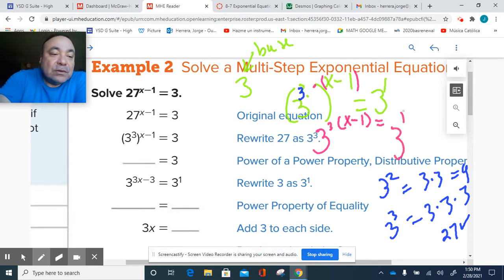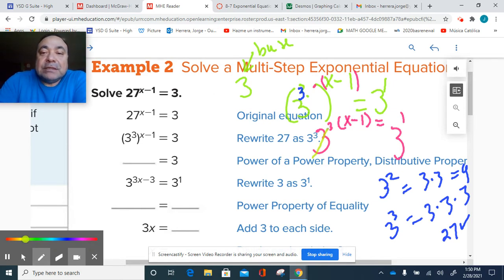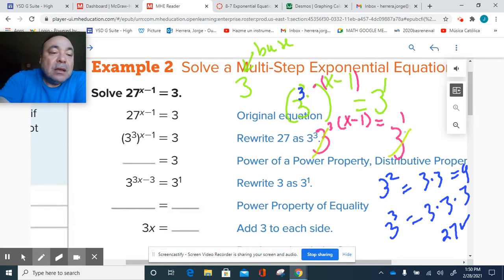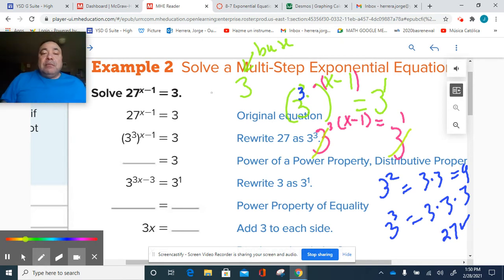If we have the same bases, then we can forget about the bases and concentrate on making the powers equal to each other. So this is going to equal that.